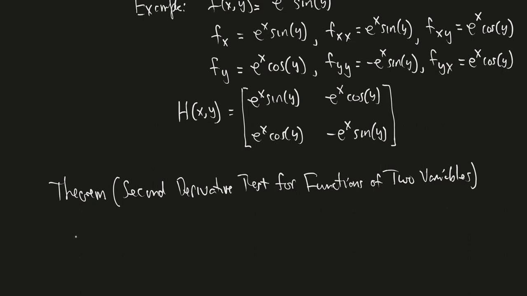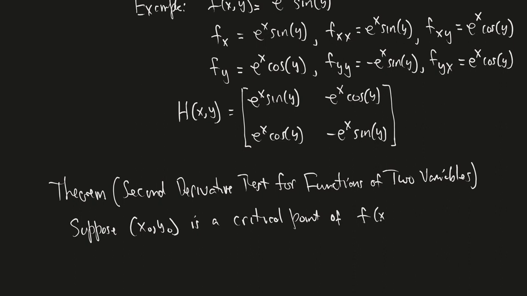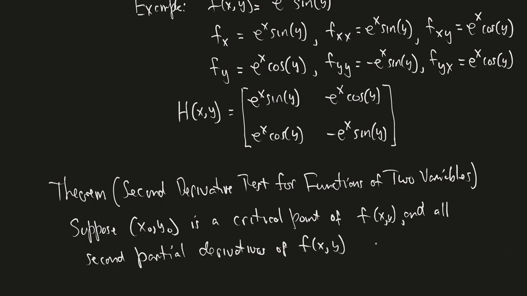So here we go. Suppose x0, y0 is a critical point of our surface, and all second partial derivatives of f of x comma y are continuous, right?